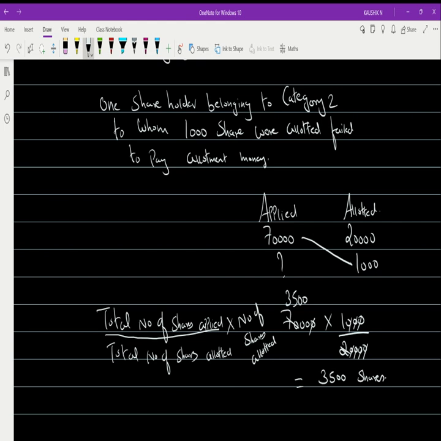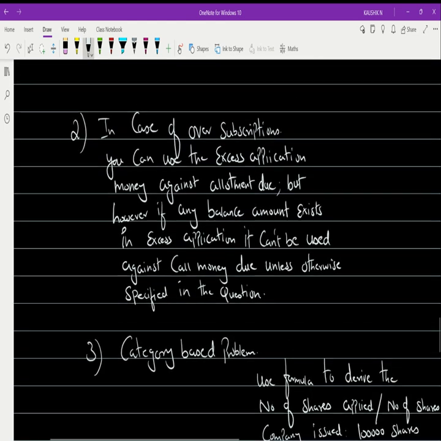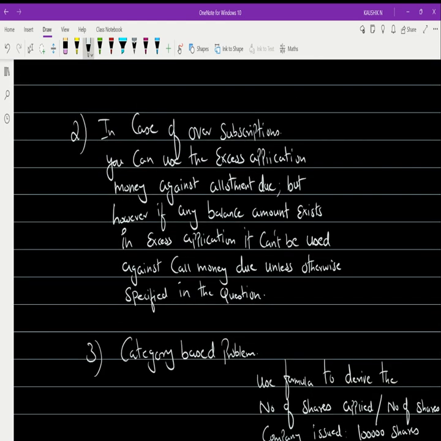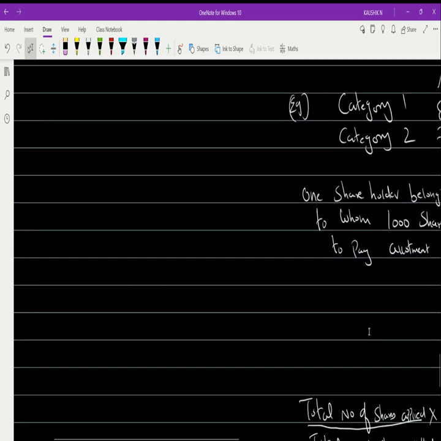Okay, so never round off the values, and when it comes to a category based oversubscription problem, you have to go with this formula, write the formula, and then derive the number of shares either applied or allotted, which is required as per the given problem. Okay, this is the second point, and the next important point is excess application money. You can use it against your allotment, but never just like that against calls unless otherwise specified in your question. Any doubt in these three points which you have to keep in mind?